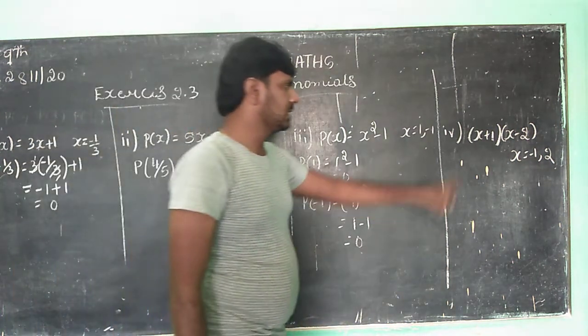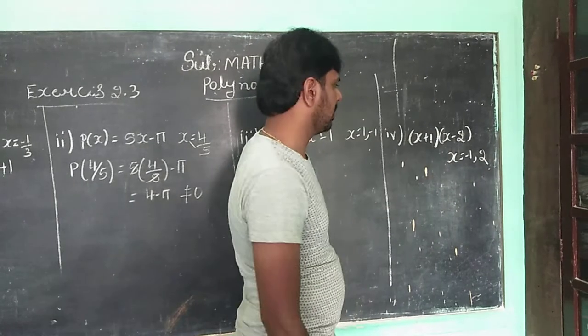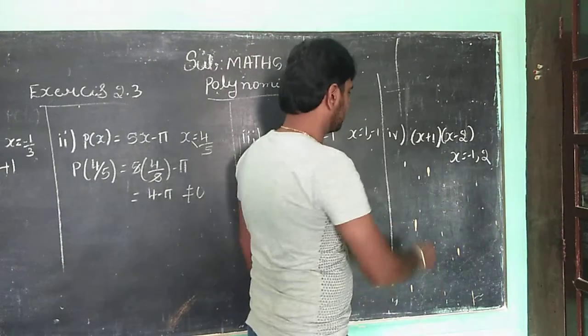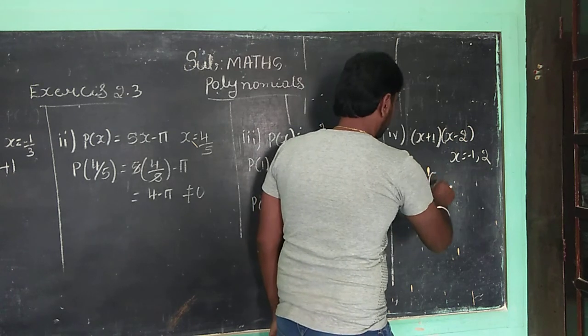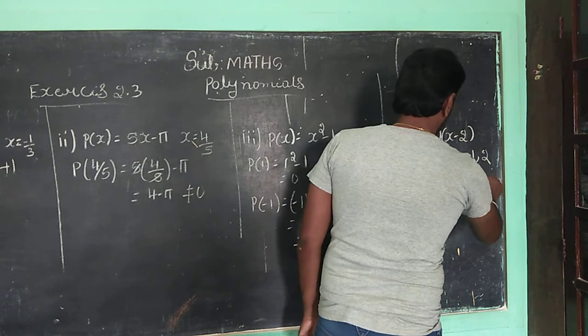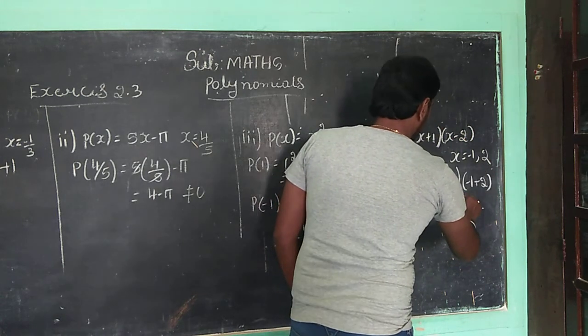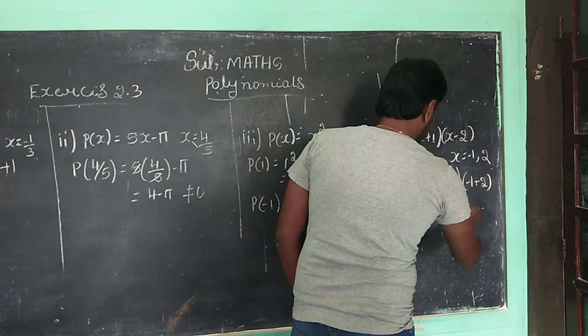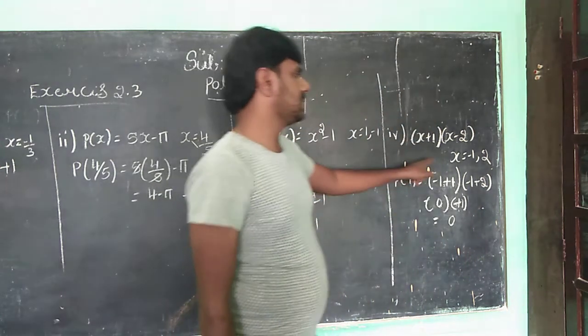Children, now we take this one, (x plus 1) into (x minus 2). Suppose we take x value as minus 1. Correct children? So p of minus 1 is equal to (minus 1 plus 1) and (minus 1 minus 2). So this one is 0 into minus 3, which is equal to 0, children. Now suppose the value of x is 2.